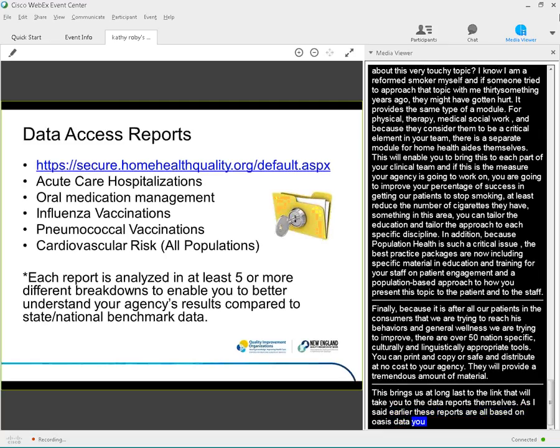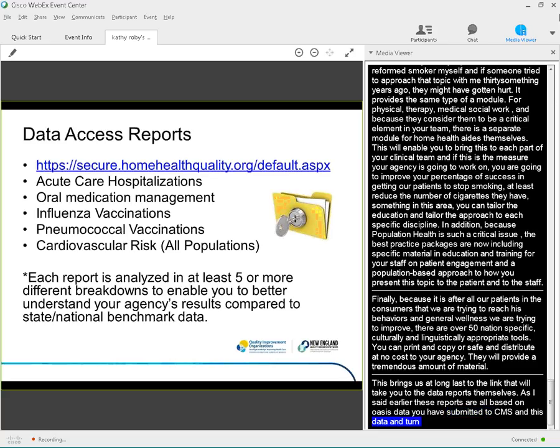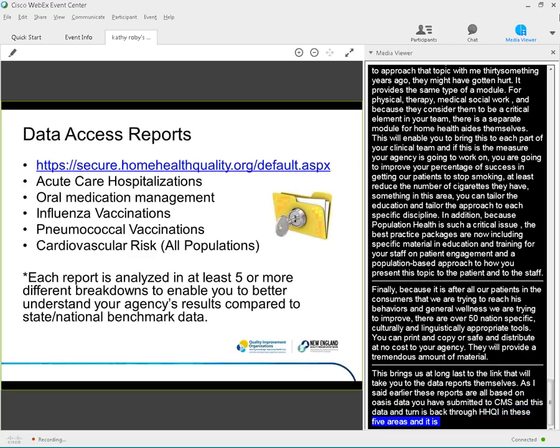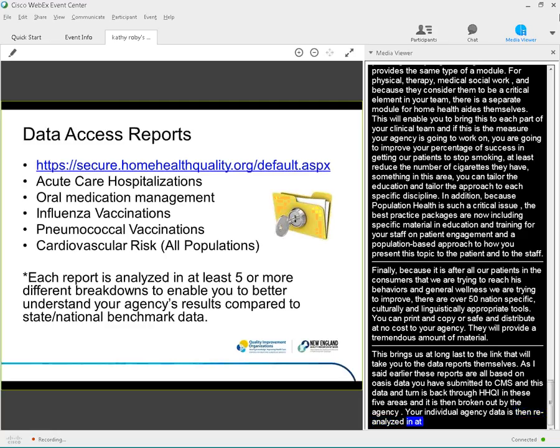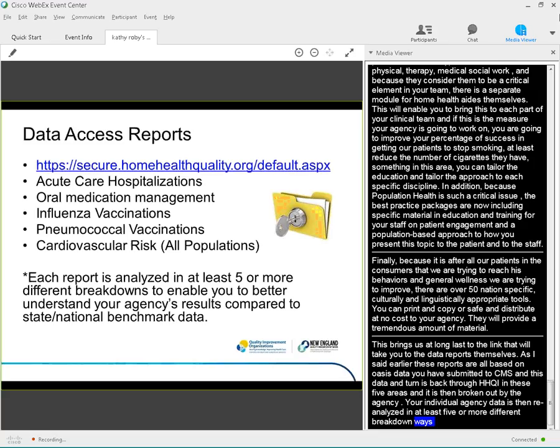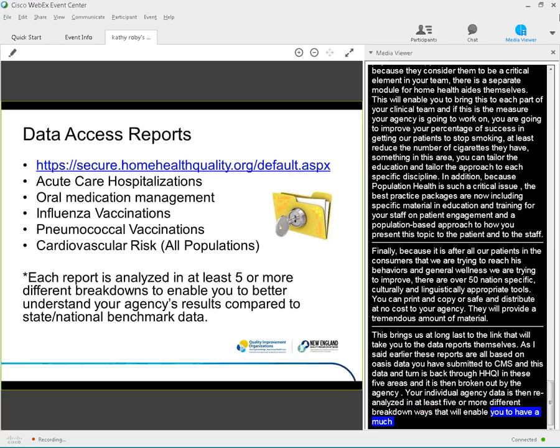This data, in turn, comes back through HHQI in these 5 areas, and it is then broken out by the agency. Your individual agency's data is then reanalyzed in at least 5 or more different breakdown ways that will enable you to have a much better understanding of your results compared to your individual state and national benchmark data.